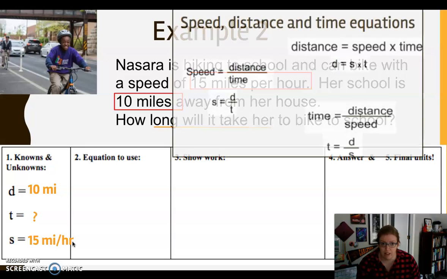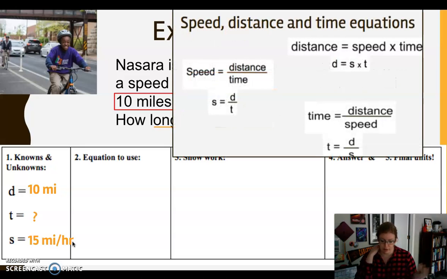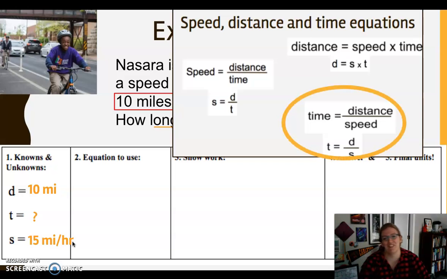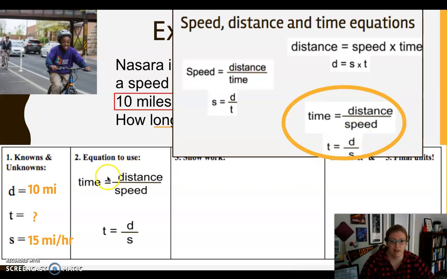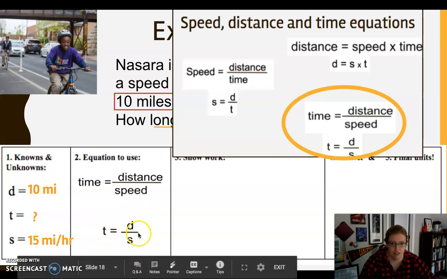So now I have to decide, step 2, which equation should I use? Take a moment and try deciding which equation you would use. And hopefully you agree with me that we should use the equation time is equal to distance divided by speed. So again, I'm going to write that down, and you can write it down in letters, T equals D over S, or in words.